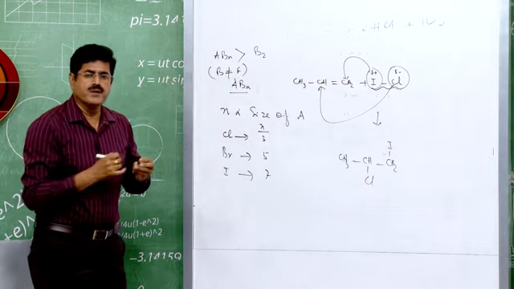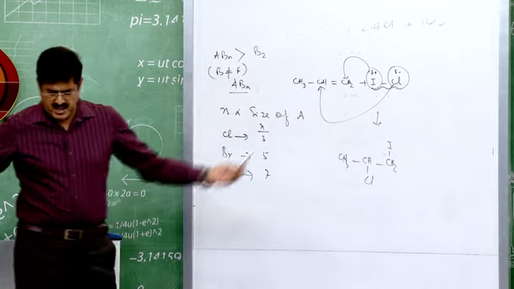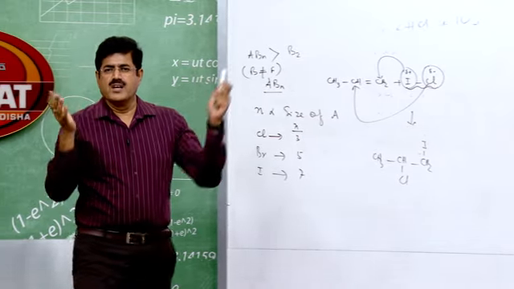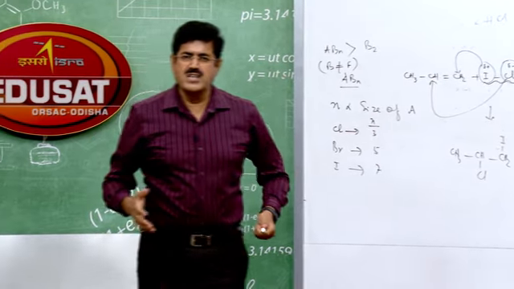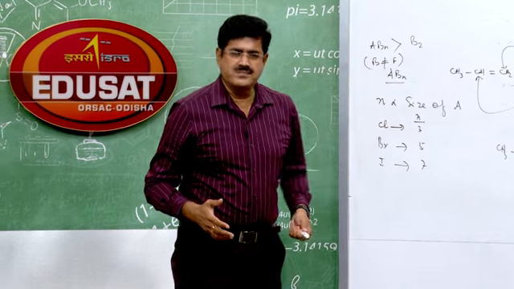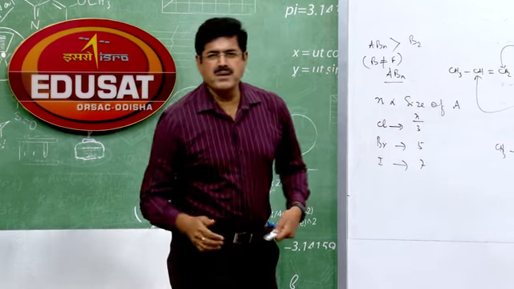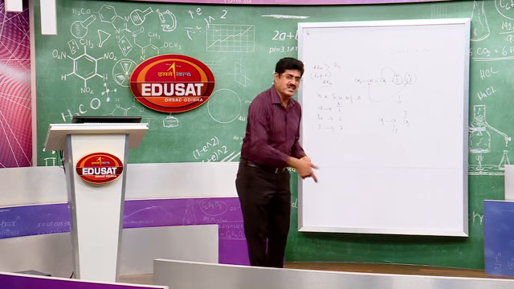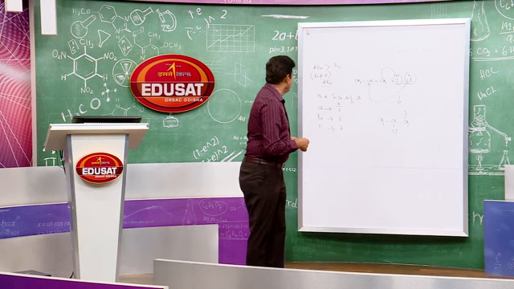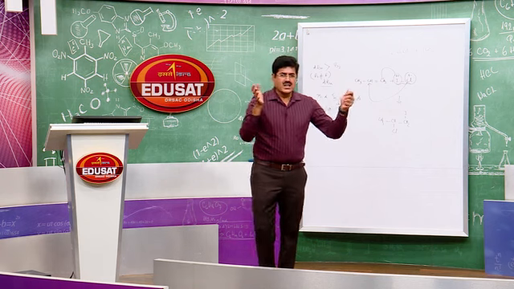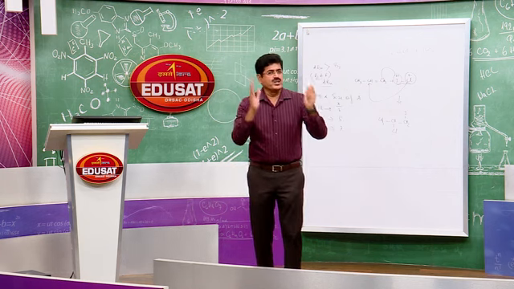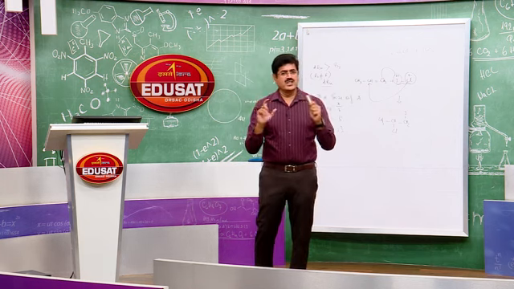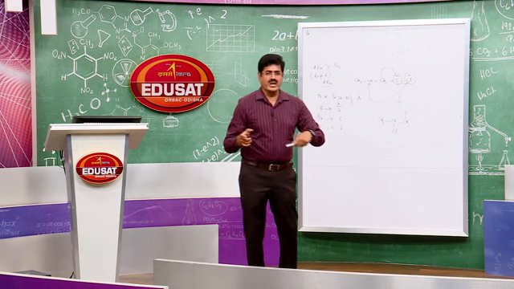B cannot be fluorine, because fluorine is the most reactive element. I have already told you that the isolation of fluorine remained a difficult problem for many years. So interhalogen compounds are more reactive than the parent halogens. It is because in interhalogen compounds the bond is weaker than in the halogens. That is why interhalogen compounds are more reactive.